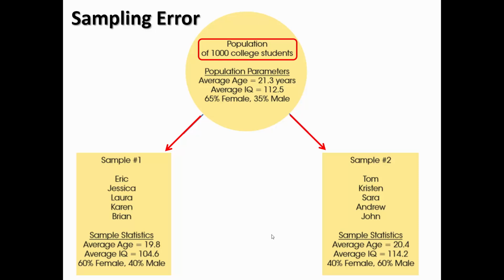Inferential statistics allows us to get a sense, or an estimate, of the degree of variability or error of our sample statistics away from the population parameters. So this ends this video on population and sample statistics and different types of research.